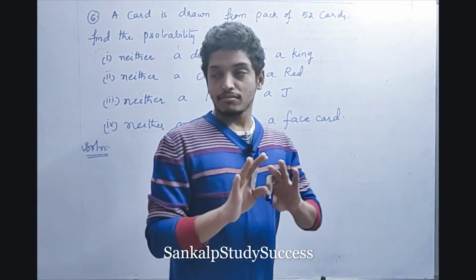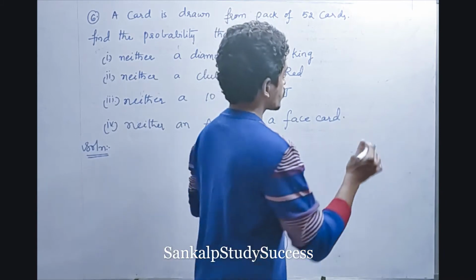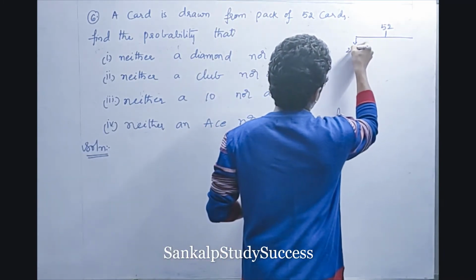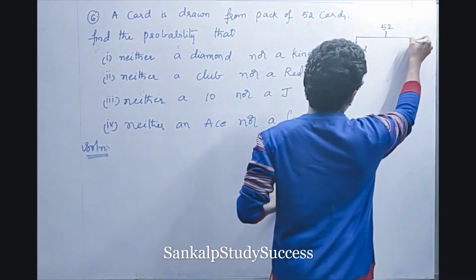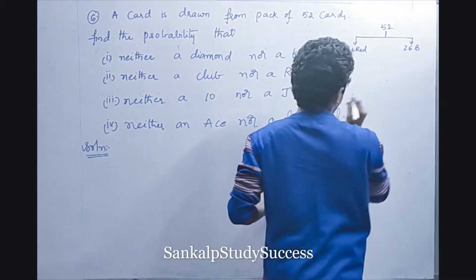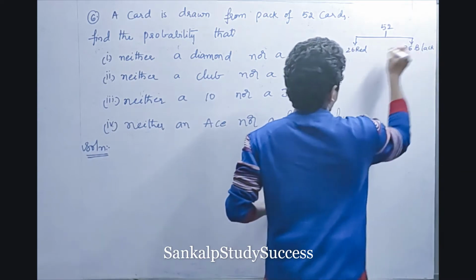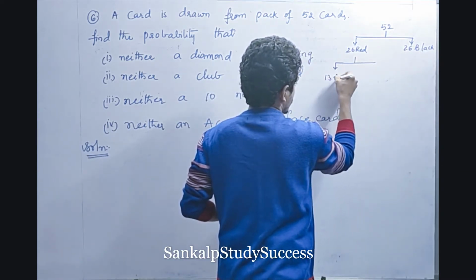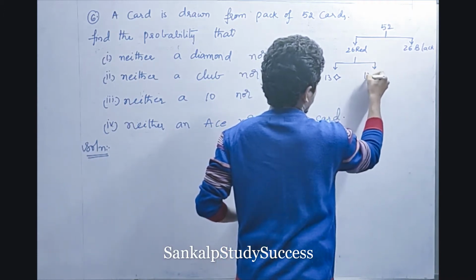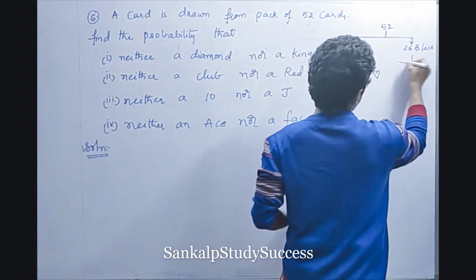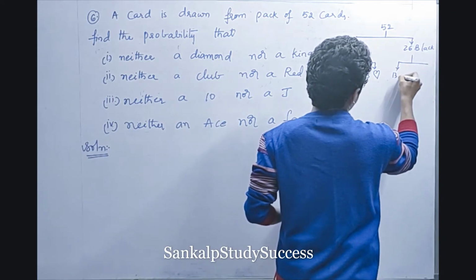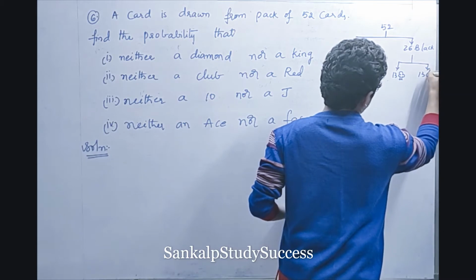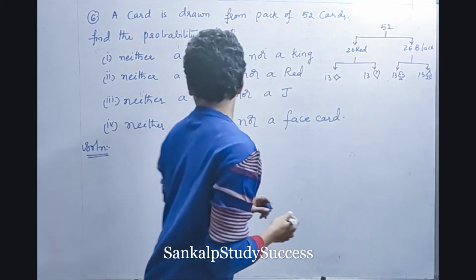So let us just recall the pack of cards once again. There are 52 cards. Out of 52 cards, 26 are red and 26 are black. Now, out of 26, there are 13 diamonds and 13 hearts, and here 13 clubs and 13 spades. Now, friends, listen carefully.